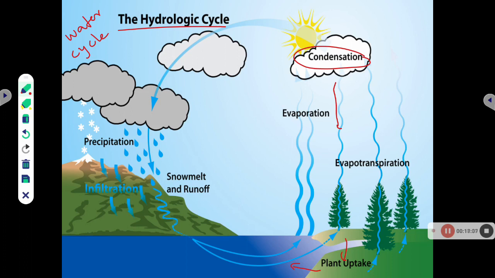Then, due to evaporation, the water evaporates and again reaches the cloud. The water is also consumed by plants and released by transpiration and evapotranspiration, and it again reaches the cloud. Then this cloud again condenses and comes to the earth as precipitation. This is the cycle of water, from cloud to land and land to cloud.